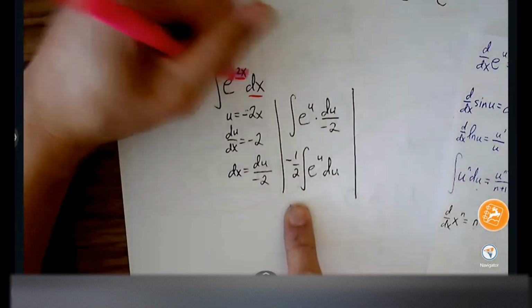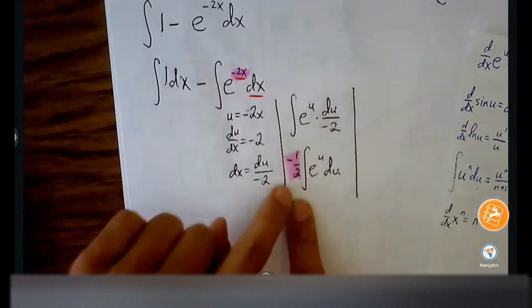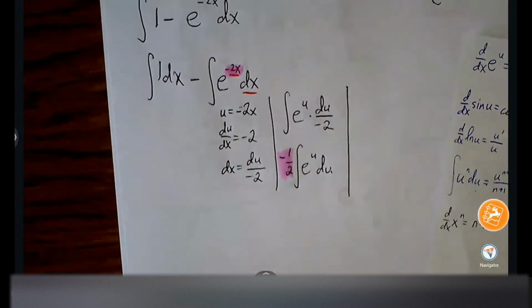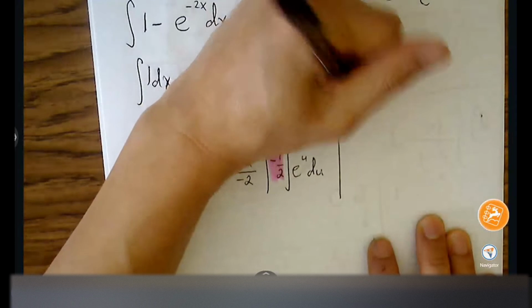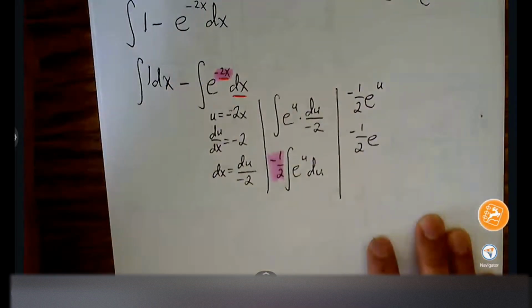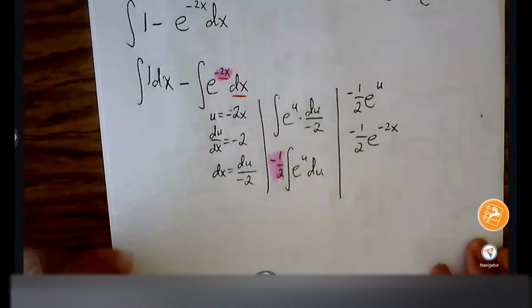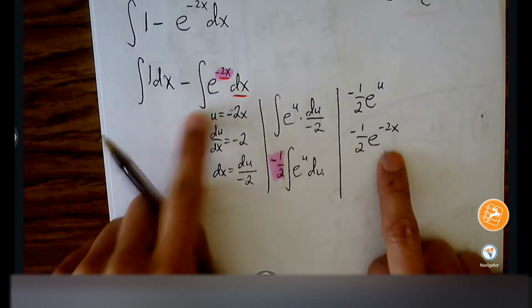This negative 2x is producing a negative 1/2. It's always going to happen. So if you can spot that pattern, we can save some time. But we get negative 1/2 e to the u. I'm just going to go ahead and replace the u back in terms of x. So there's my antiderivative for my second term.